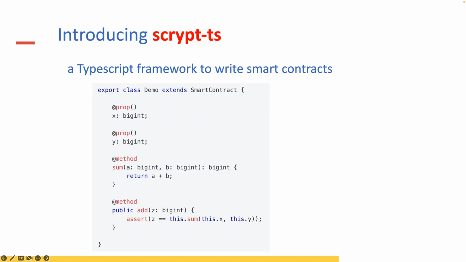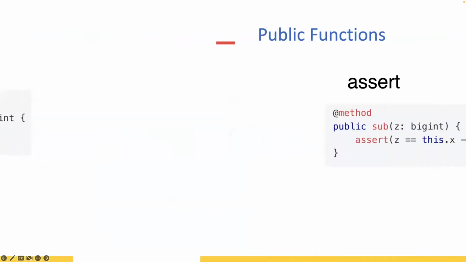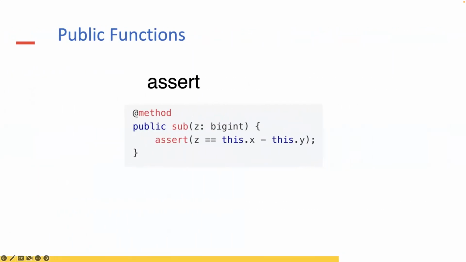So we covered a little bit of the basic syntax, for example, different types, how you define your custom functions, and how you make sure that once you publish, other people's external transactions can call these so-called public functions, and all the assertions pass, and only then is your contract call deemed successful. If all the assertions pass, you're good.